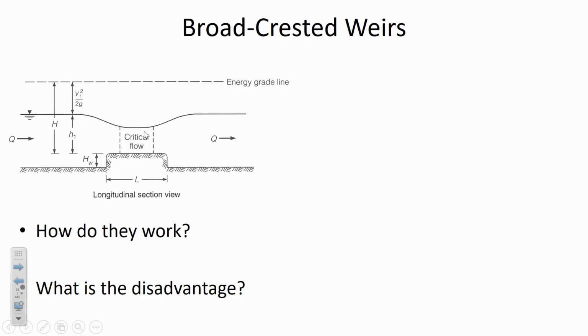The disadvantage of using a broad-crested weir like this to measure the flow rate is that trash and sediment and debris can accumulate upstream of the obstruction. So there are other flow measurement devices that avoid that disadvantage. And another disadvantage is that it causes pooling upstream.